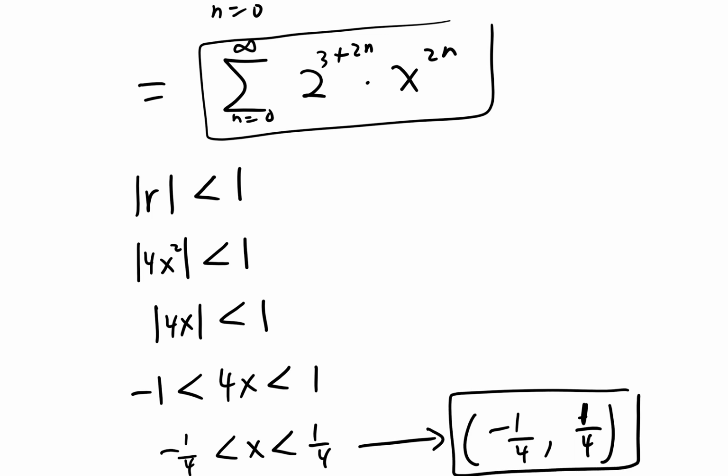Let's go back over the interval of convergence. So here we know this works from the geometric series, because the geometric series converges when the absolute value of r is less than 1. Then r here was 4x squared, so we substitute that in. Actually, that should be 2 here. The absolute value of 2x less than 1, that should be 2.